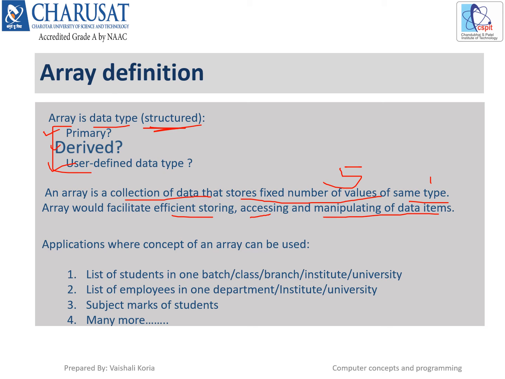There are many applications where this concept can be used. If you want to make a list of the students in one batch, class, or branch, or list the employees in one department, institute, or university, or store the marks of students in certain subjects, in all these things this concept can be used.